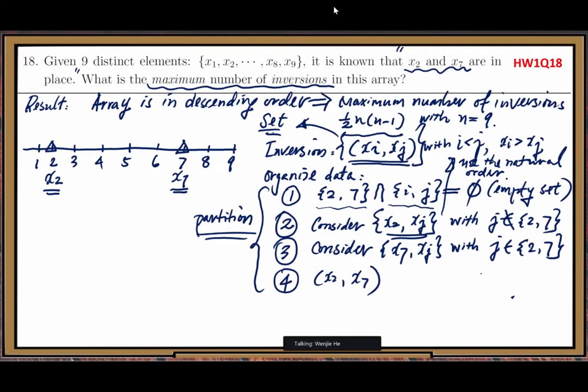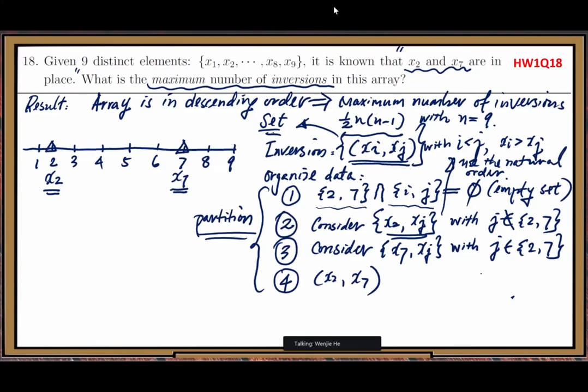These 4 subsets should satisfy some conditions. So what conditions? First, no overlap. Based on our definition of these 4 subsets, no overlap, so no pair belongs to more than 1 subset.